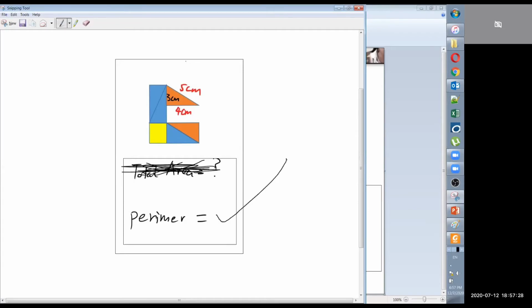Now you are supposed to give me parameter. Once you are done, send it over.